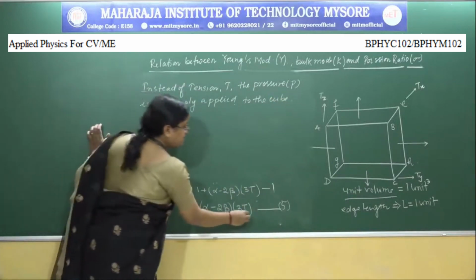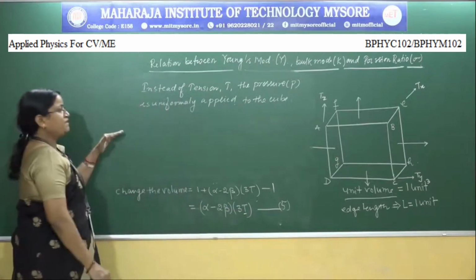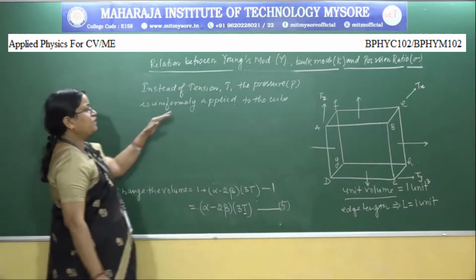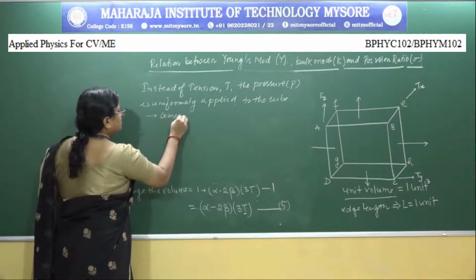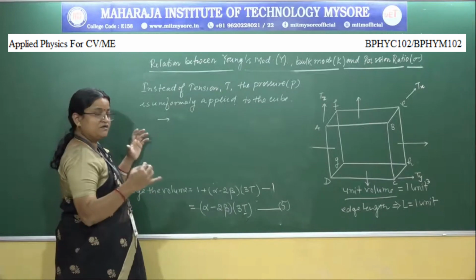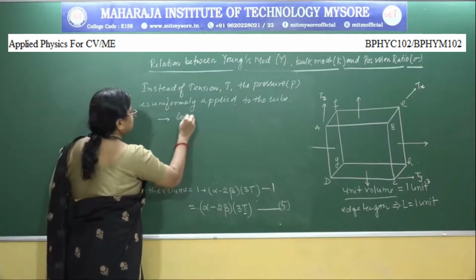Then we can replace this T term by P, and when you apply pressure uniformly, instead of elongation in the cube, you will have compression.